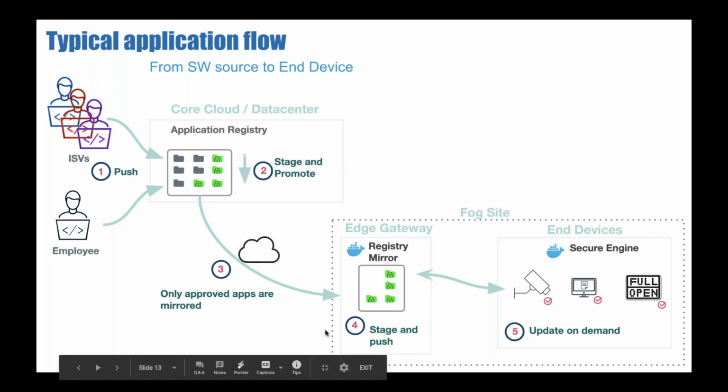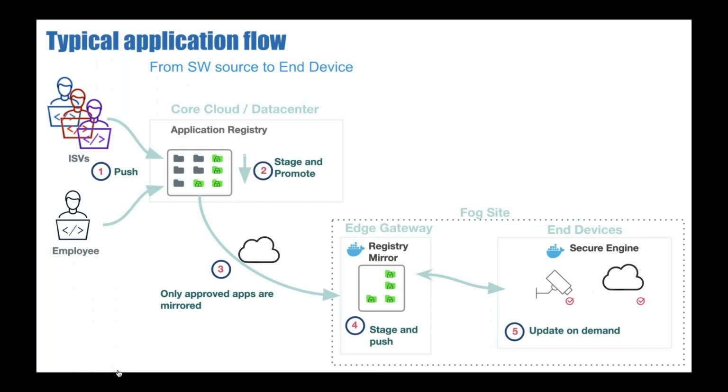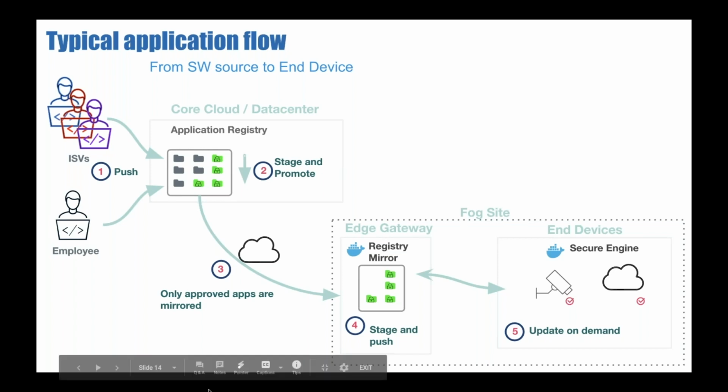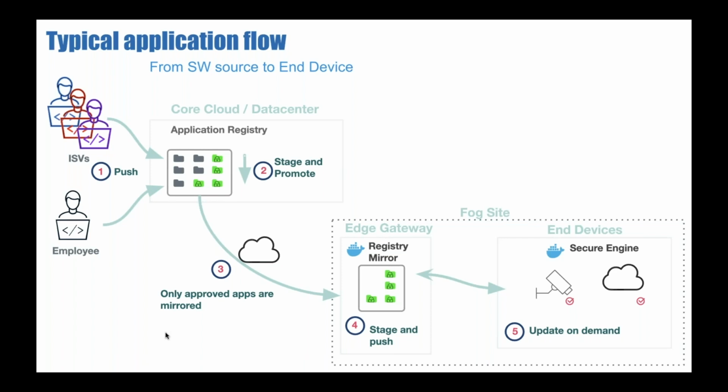Gotcha. Okay. So if we were to translate this over to the demo app, basically the end devices would be the cameras and maybe the regional clouds as well. So any updates that I as a vendor do, I could then automatically push to my cameras, to my customers.